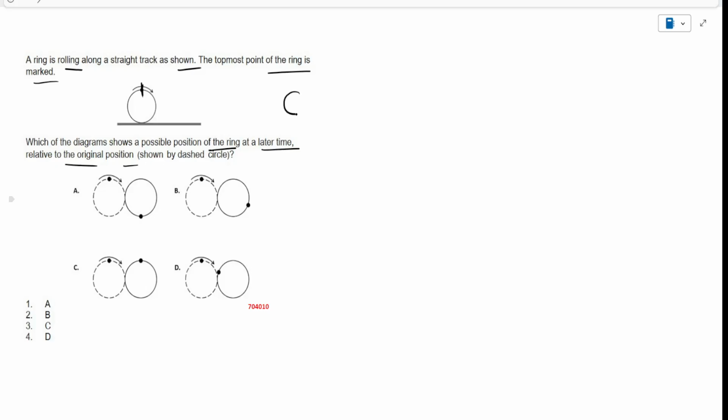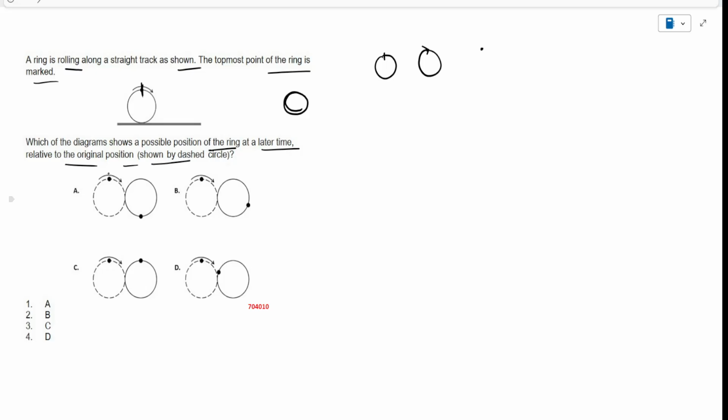See, this is a completely round circle. Fine. So if the original is taking a complete 360-degree rotation, then the same position repeats after a complete rotation, right? So suppose this is the original and shows the dotted line, later time the original position on the dotted line.